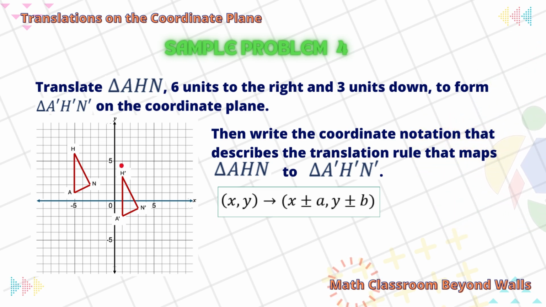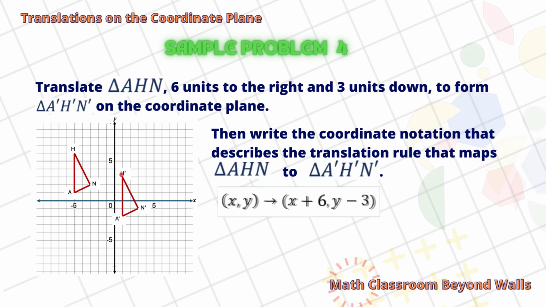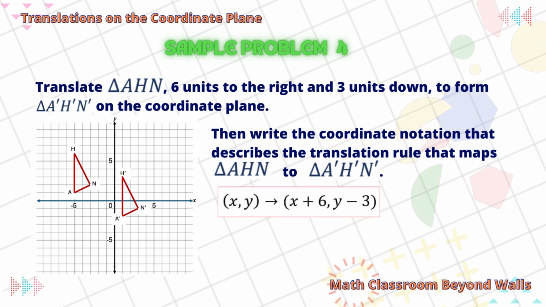What does the statement imply? That a, the push to the right, is positive 6, and that b, the downward push, is negative 3. Substituting these into the notation, we have (x, y) is mapped to (x plus 6, y minus 3). So the coordinate notation for the translation rule is, there you are, learners. That was easy.